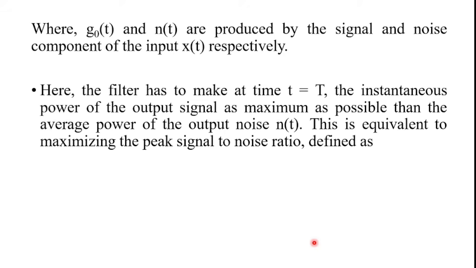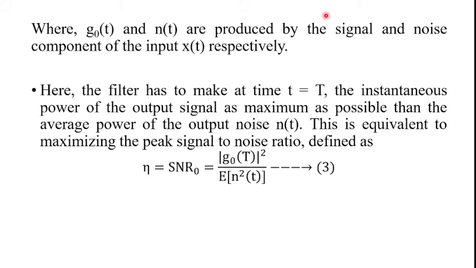So this is equivalent to maximizing the peak signal to noise ratio, and it is defined as the output peak signal to noise ratio eta equal to magnitude of g naught of capital T whole square divided by expectation of n square of t, which is considered as equation number 3.